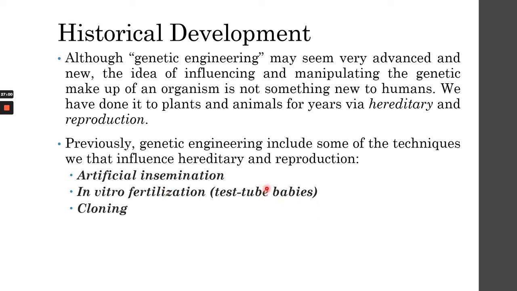Basically, you can just imagine this: we place that egg cell inside a test tube and then place the father's sperm cell inside the test tube and let the zygote form, and then we put the zygote back into the female, so that the female naturally develops the baby. So that's what we call in vitro fertilization. In vitro is outside fertilization. We fertilize the egg outside the womb. We also do this if, for example, the mother cannot bear a baby.